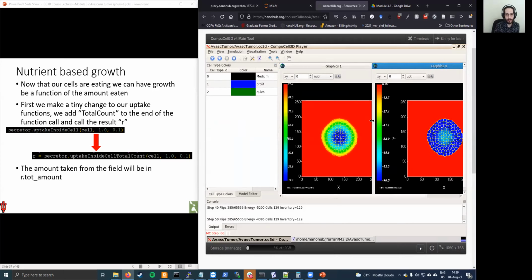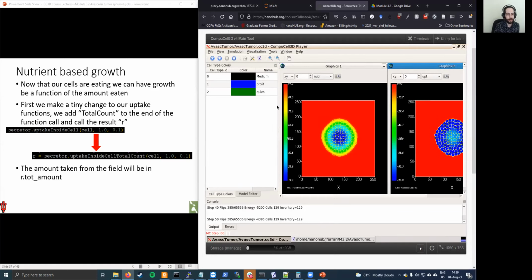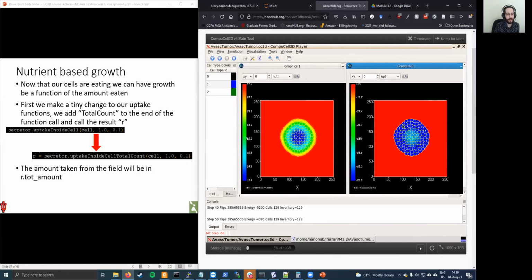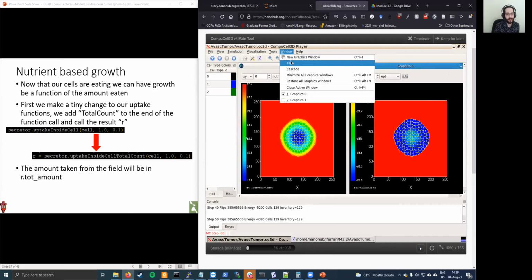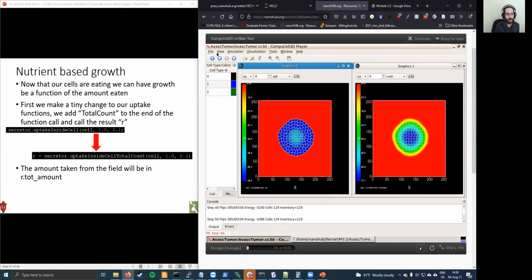we can see that all the numbers are very negative, because uptake is defined, as far as the computer is concerned, as the negative of the secretion. That's why we have the minus.